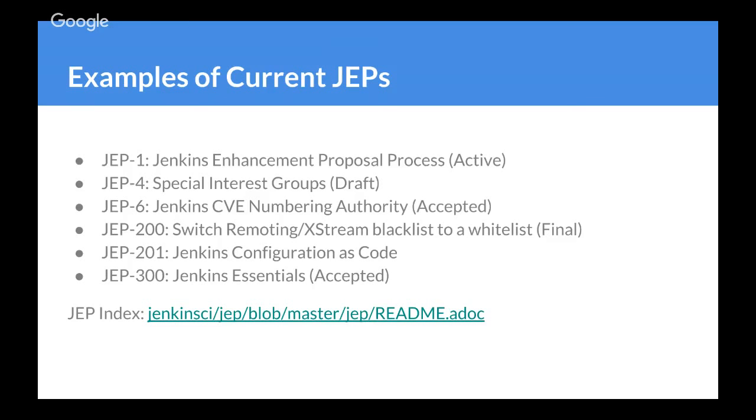We have also another process JEP, JEP 4. It's about special interest groups. It describes how we will go about creating SIGs, special interest groups, for the Jenkins project. It's currently in draft form, and Oleg Nenashev has been using it, but the interesting thing here is it's in draft form, but Oleg is also using it and has proposed some modifications based on his initial following of the process.